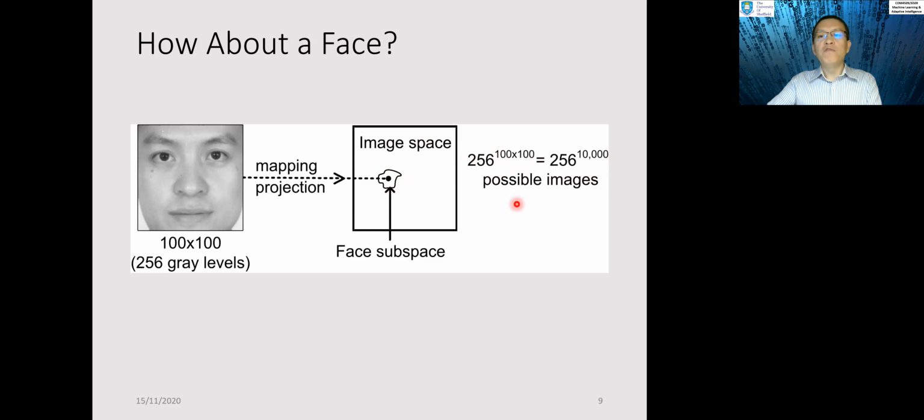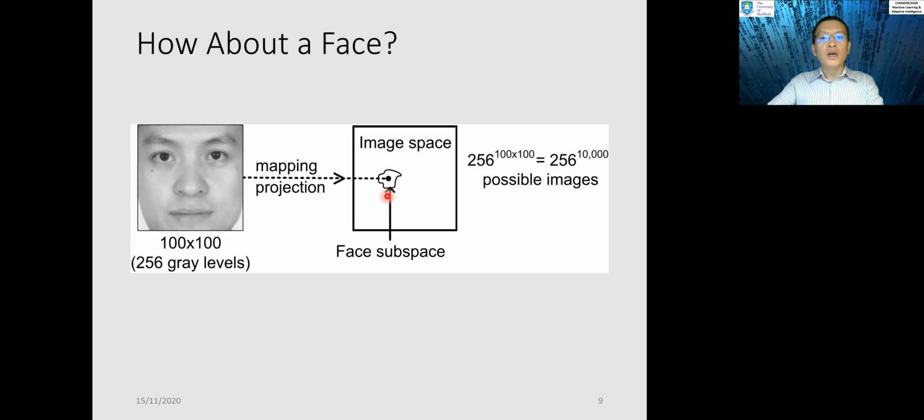So our human face images are just a tiny fraction of this number of possible images. And we know that face images have certain characteristics, and they should be similar, and there should be a subspace that contains all the face images.